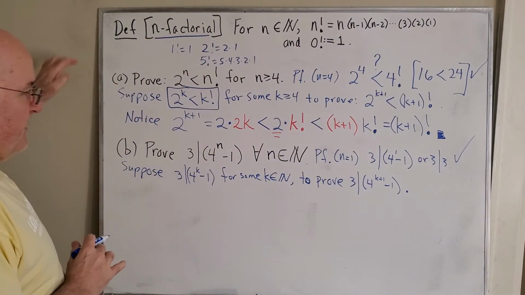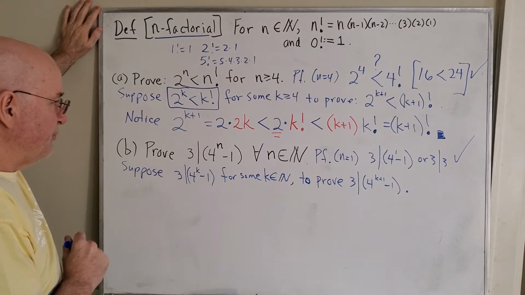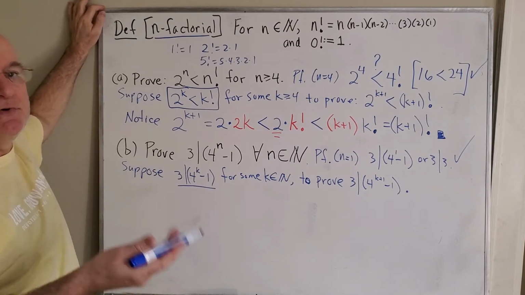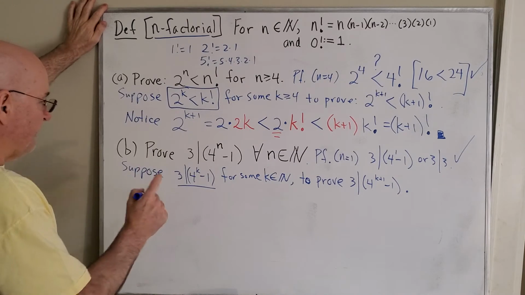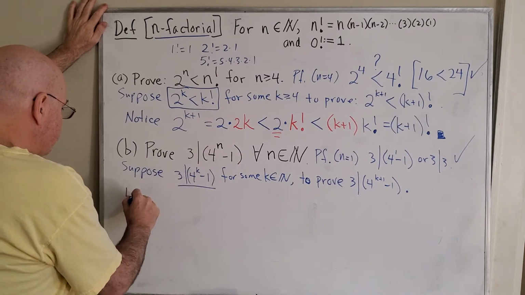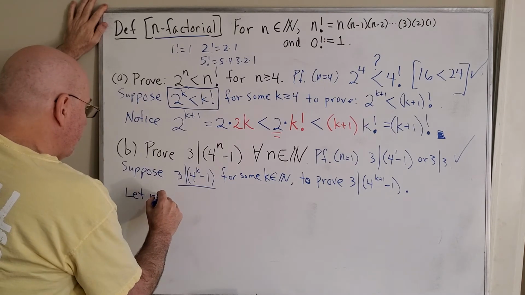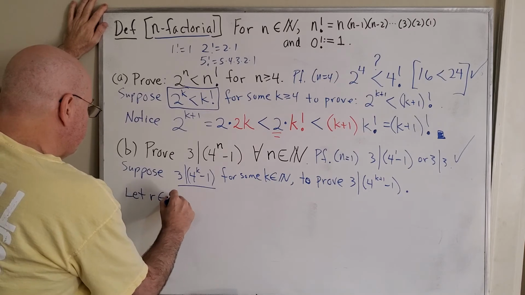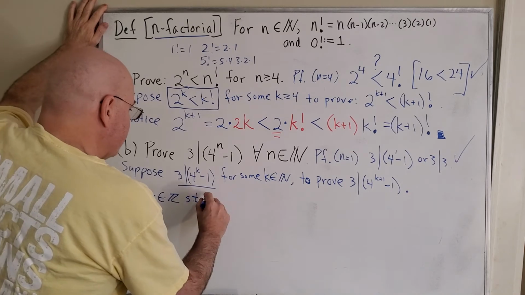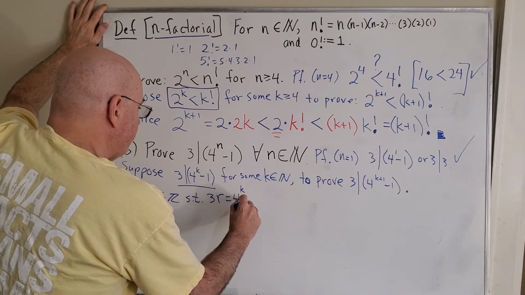Now I'm going to state a kind of mathematical fact before we dive into proving the inductive step. Let's first realize what this means using the definition. Since we're assuming 3 divides that, I can say let r be an integer such that 3r equals 4 to the k minus 1.